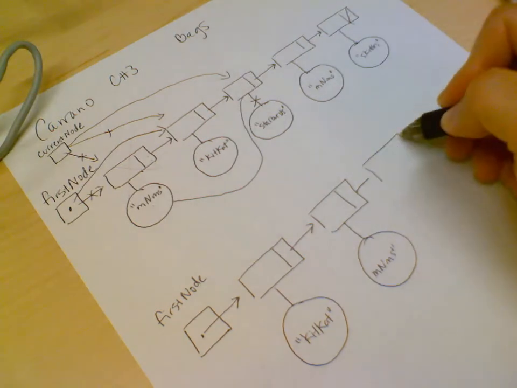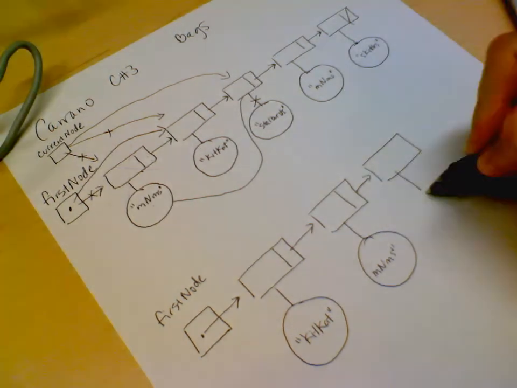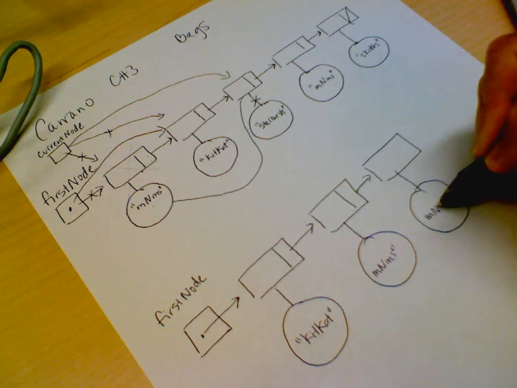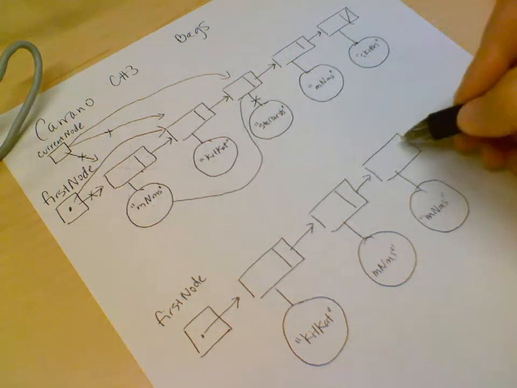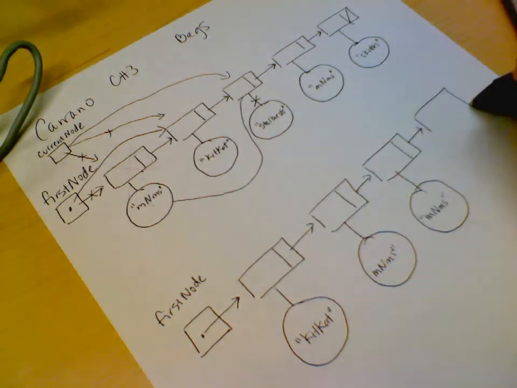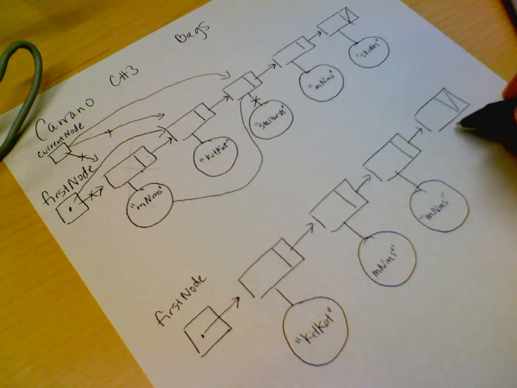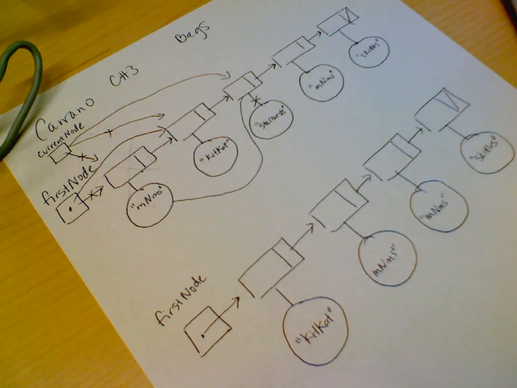This node is still M&Ms. This node is at the end, and it's still Skittles. There you have it.